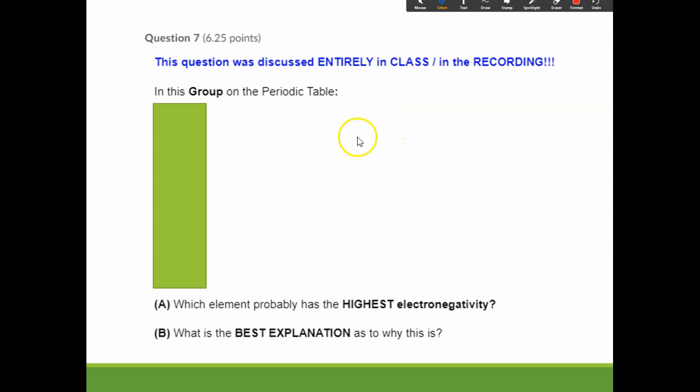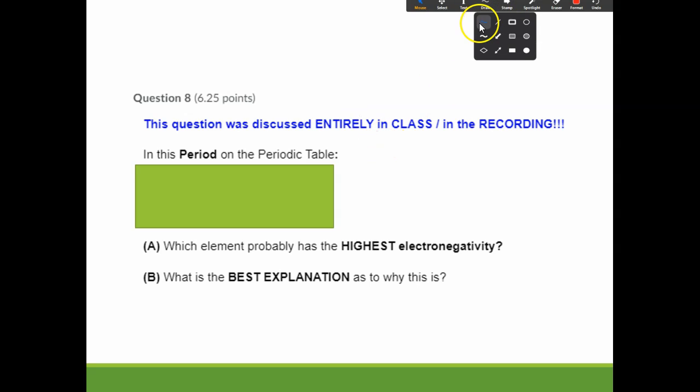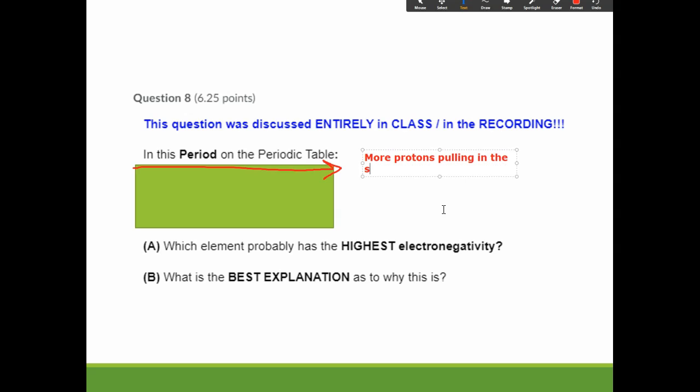All right, so let's go ahead and take a look at question number 8 then. Question number 8 is taking a look at the period. And remember, we said that as we move towards the right, that is when our electronegativity increases, right? The reason for that is because we have more protons pulling in the same electron shell, which makes it smaller, and now it's easier to reach new electrons.